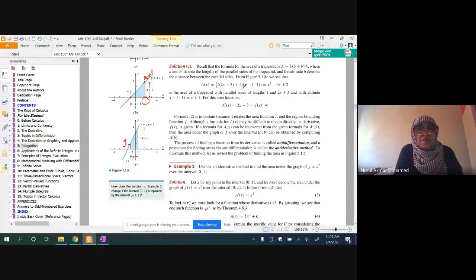And then you multiply with the length of the base, which is x plus 1. So the answer will be x squared plus 3x plus 2. And then you differentiate, you get 2x plus 3, which is the function of the curve.